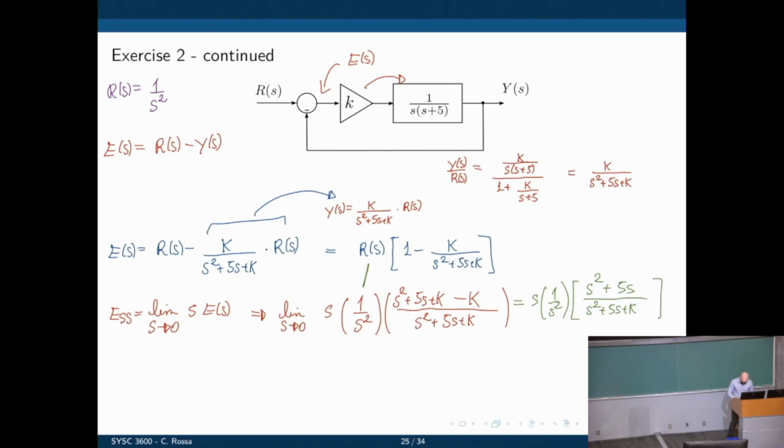So now this s cancels the power, and the other s from the power will cancel the other one of the s's in s squared plus 5s, right? That's s plus 5.